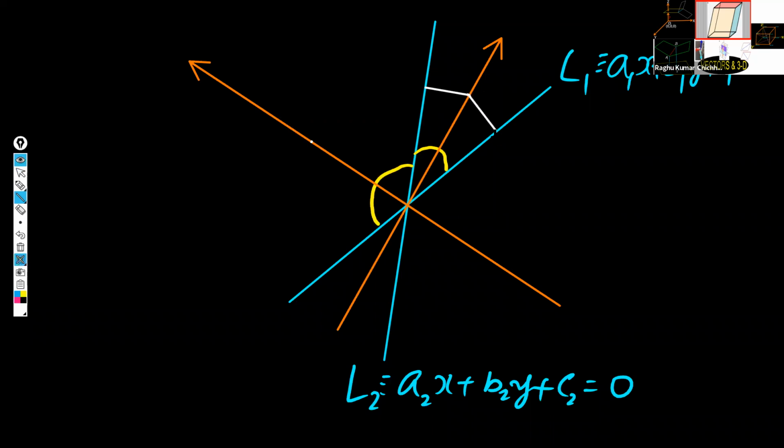That means these two distances are equal. They are equidistant means this distance is same as this distance.